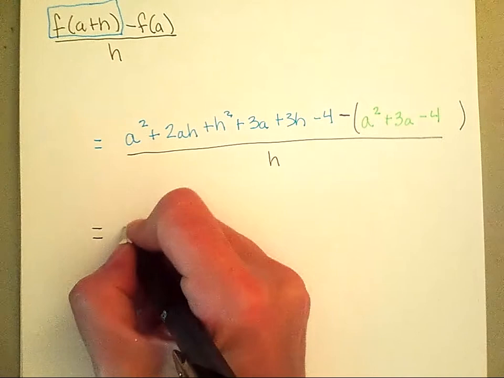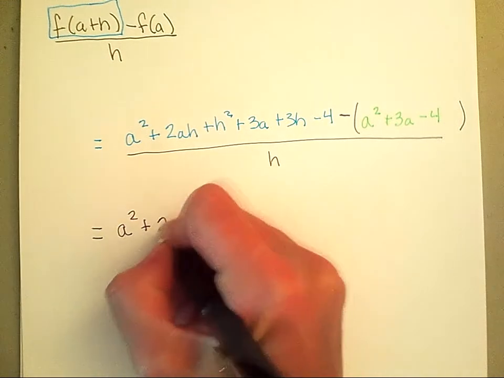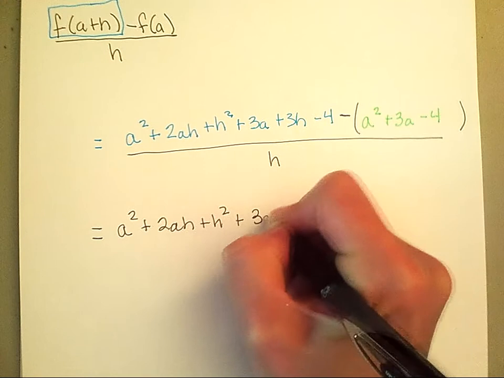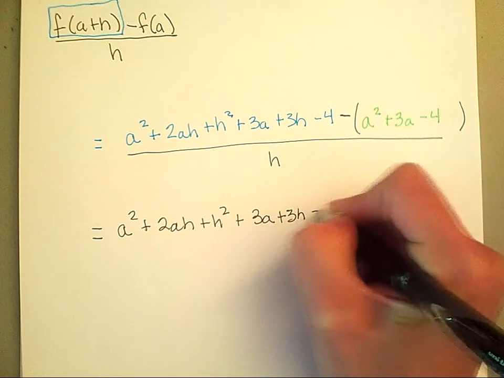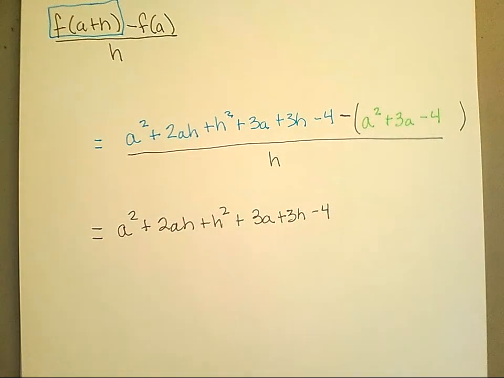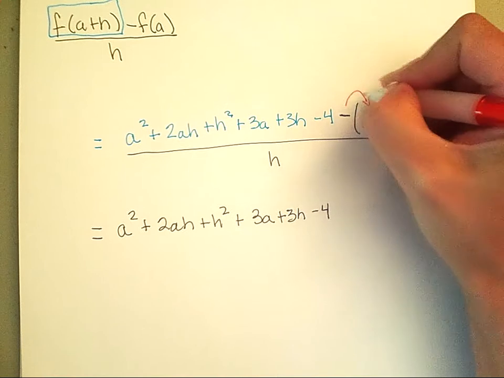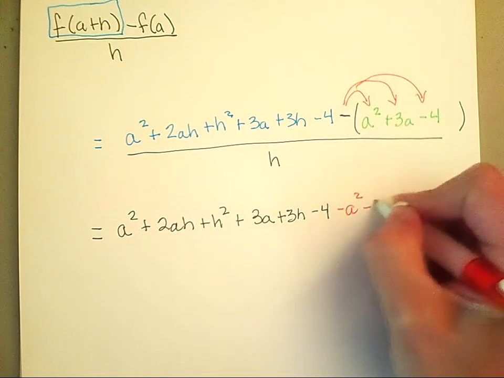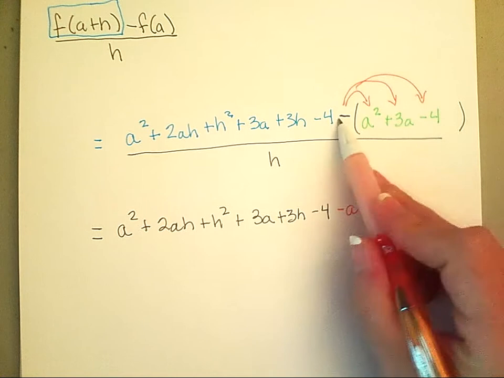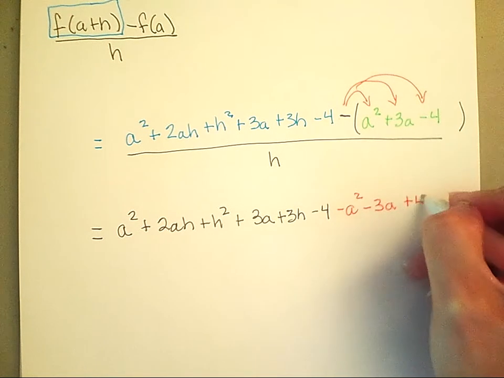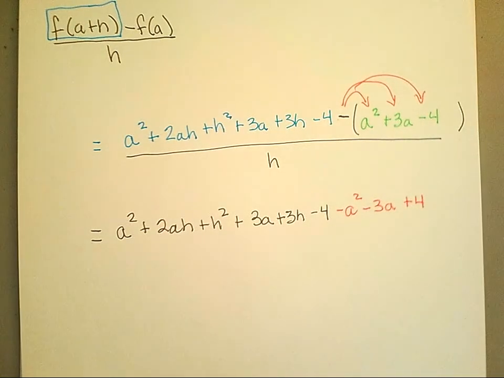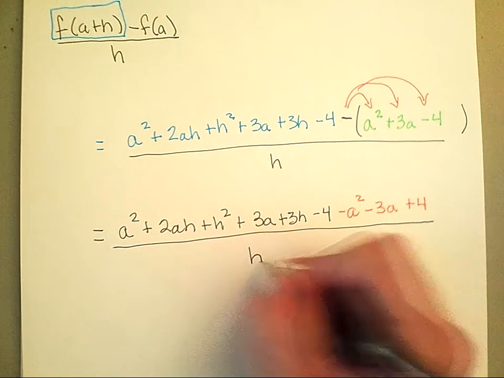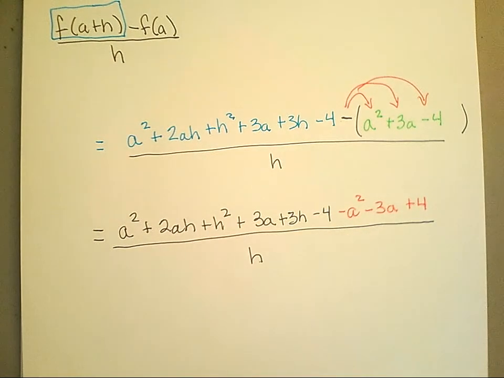We're going to try and simplify now. So we'll just copy f of a plus h. But we have to remember to distribute this negative. And then a negative and a negative become positive. The denominator is already simplified, so we'll just copy it as well.